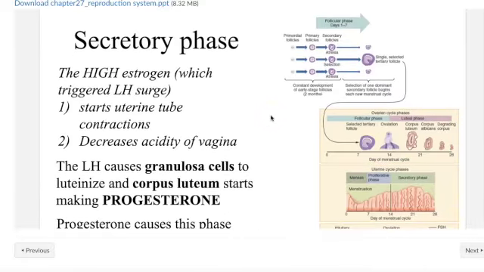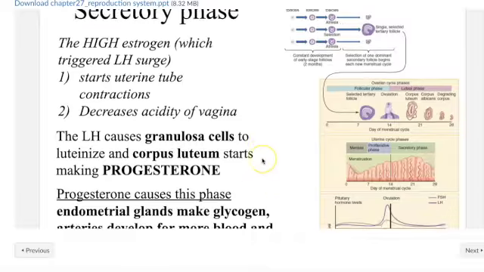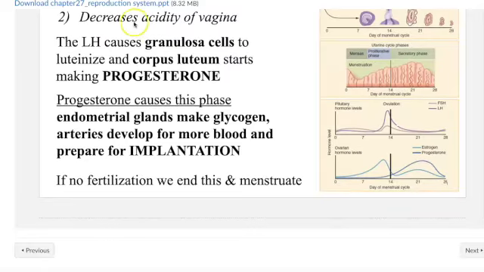Secretory phase. The high estrogen, which triggers the luteinizing surge, starts uterine tube contraction and decreased acidity of the vagina. The luteinizing hormone causes the granulosa cells to luteinize, and the corpus luteum starts to make progesterone.